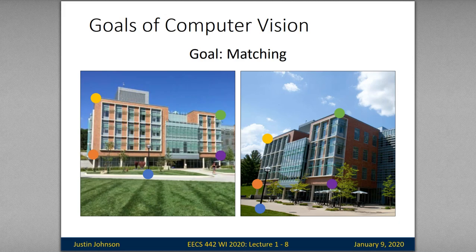So here you have an example where the same building is depicted from two different orientations and also a different time of day. And well-working computer vision algorithms should be tolerant to these types of viewpoint changes. So it should be able to find out that this lower right corner of the building is the same one that appears here in the purple dot on the right-hand image, and so on.